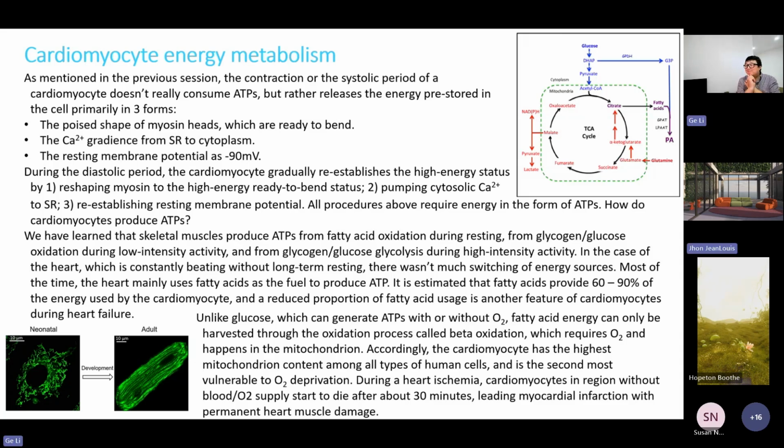What's the question? Mitochondria. Which organelle in the cells is the place for oxidation or aerobic respiration to happen? The mitochondria. And in these cases, which cell has the highest content of mitochondria?